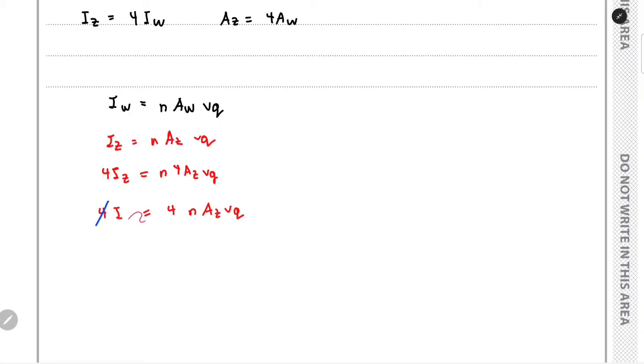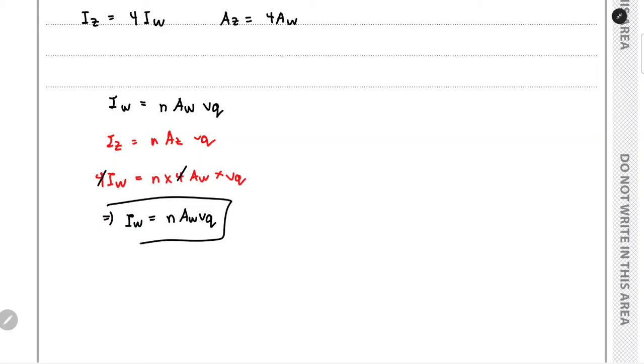If I write 4 down, this will be W. This is 4IW equals N times 4AW times VQ. I can cancel the 4's out. I'll get IW equals NAW VQ. This is the same equation, so the values of N, V and Q are still the same. Since I know that N and Q are the same, V must be the same.